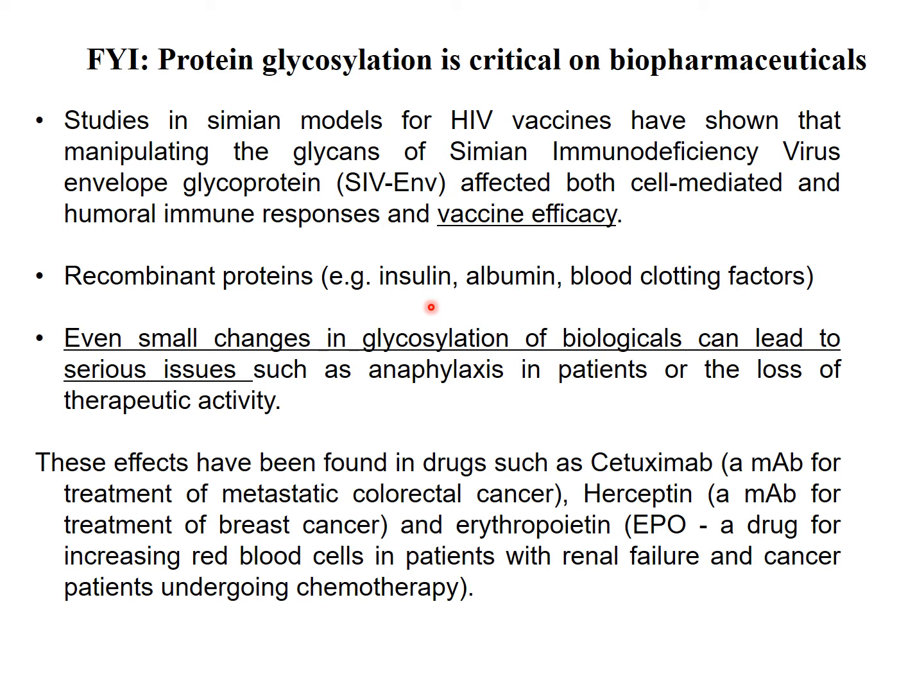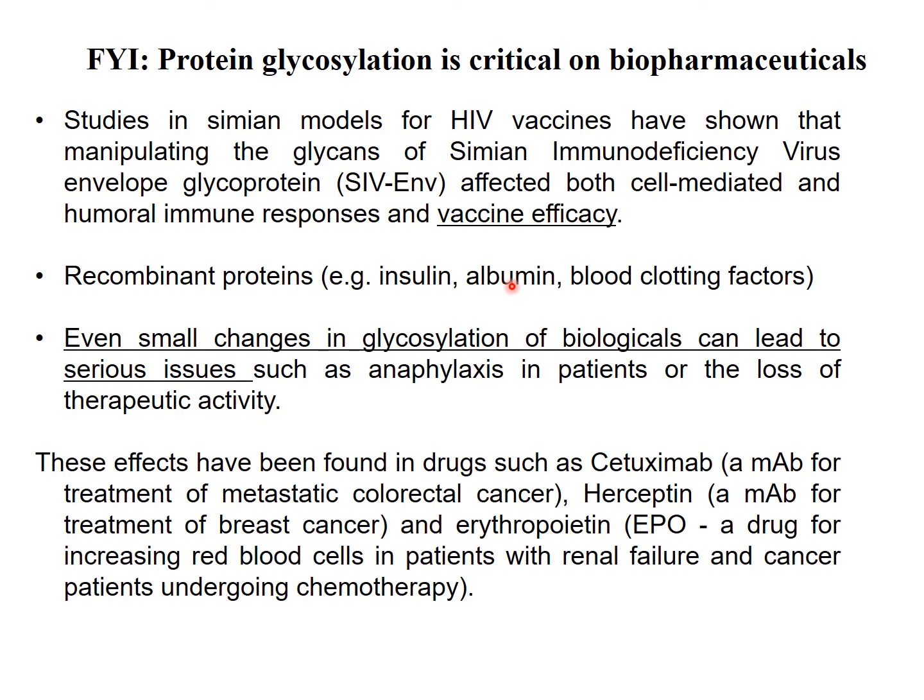Of course, blood transfusion is still very much used, and very, very serious testing is going on the donor blood before it can be given to the patient. Nevertheless, recombinant protein, insulin, albumin, blood clotting, etc., they need to mimic the glycosylation of the human proteins.